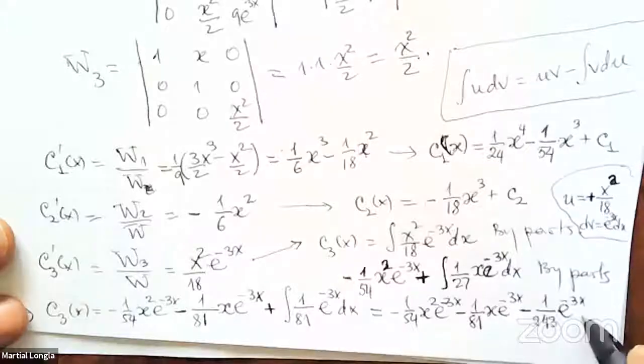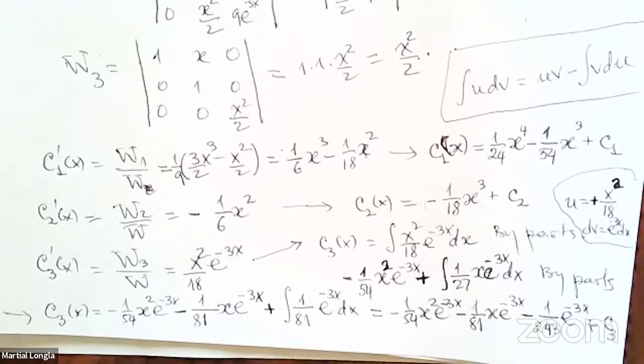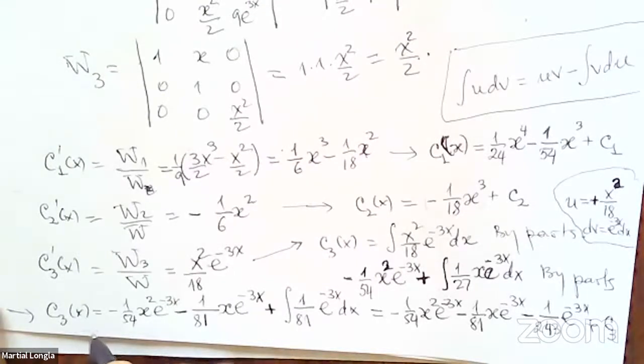And then e to minus 3x plus the constant of integration. That's it. So you got C1, C2, and C3 of x. Now that you got all of them, you take them back into the formula to get y of x. That's it. Last step.